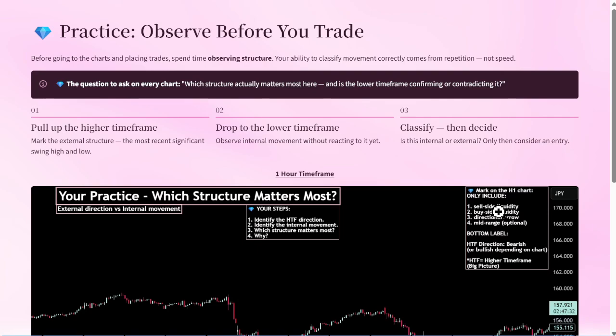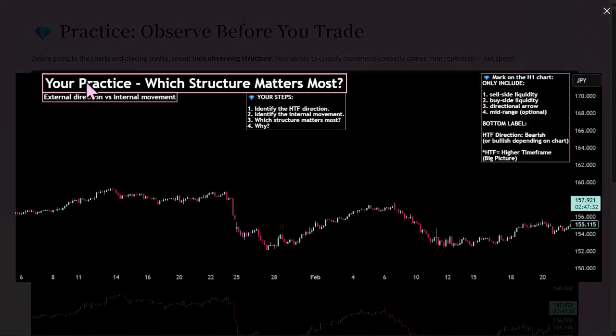All right, so remember, ask yourself which structure actually matters most here. Okay, here's your question: which structure matters most, external direction or internal movement? Here's your steps. This is what you need to mark to be successful. Take a screenshot and practice it. You got this.